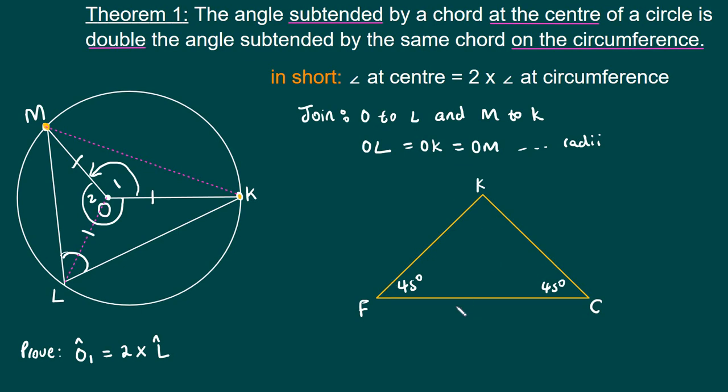What can you say about the lines FK and KC? What can we say about those lines? Wow. The lines are going to be equal, right? So we're going to say FK will be equal to KC. What would be our reason?